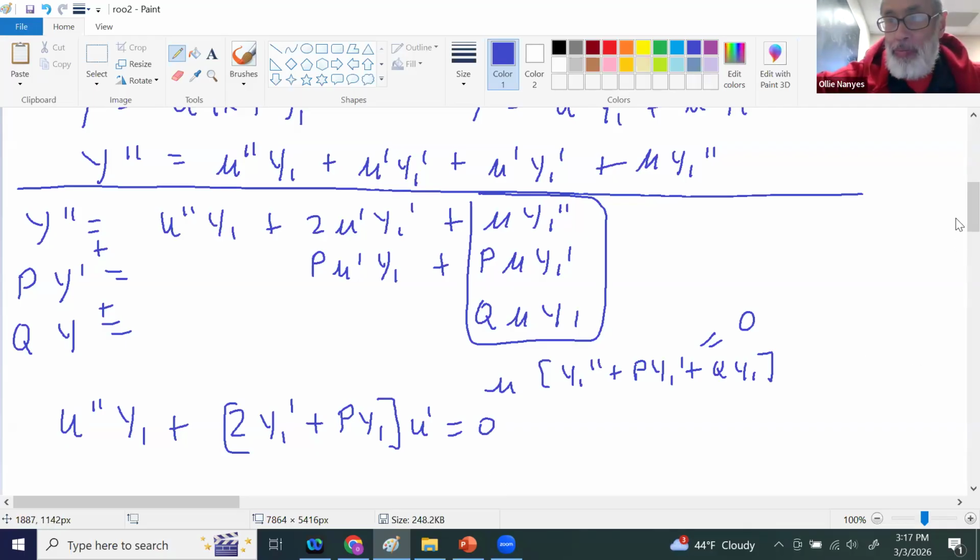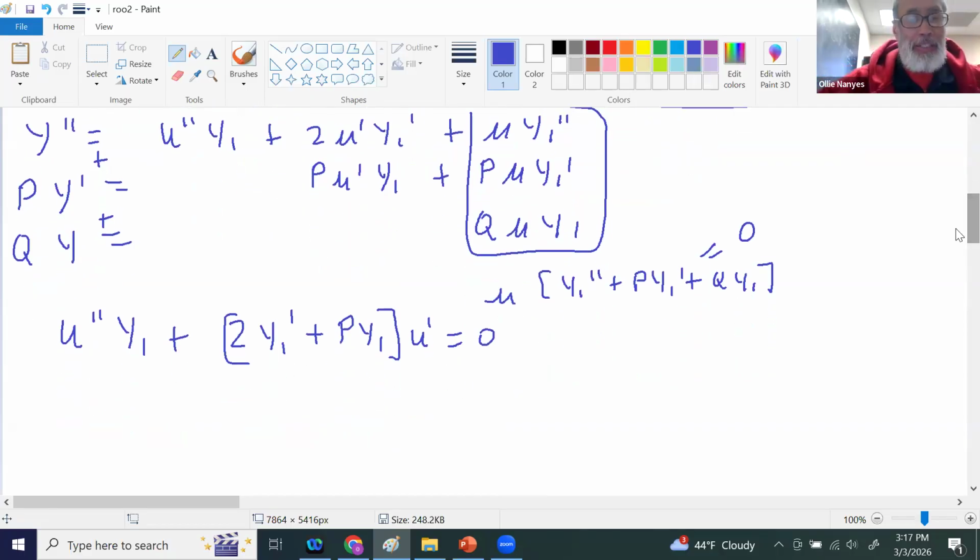So let's stop and think for a minute. Notice this differential equation has the second derivative of u and the first derivative of u. So morally, you can view this as a first order differential equation. That's why it's called a reduction of order.